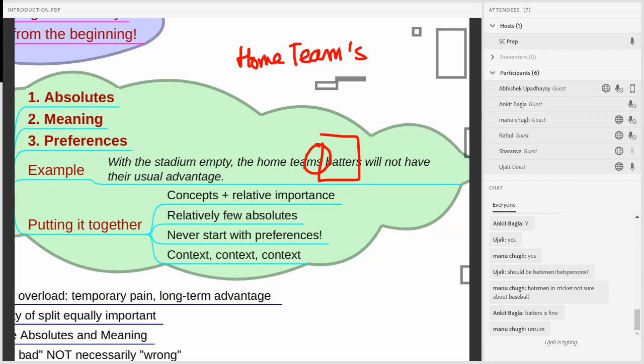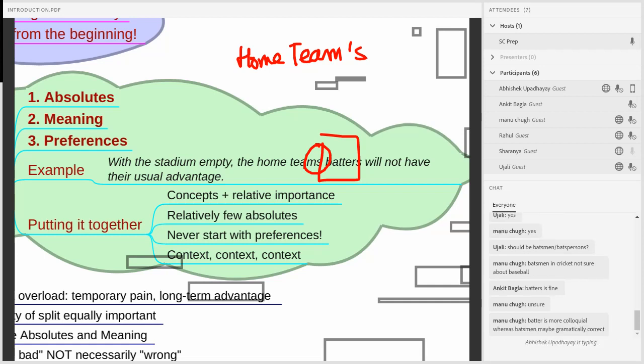And guys, just give me 1 second. I'll be back. Just give me 10 seconds. All right, guys, my apologies.